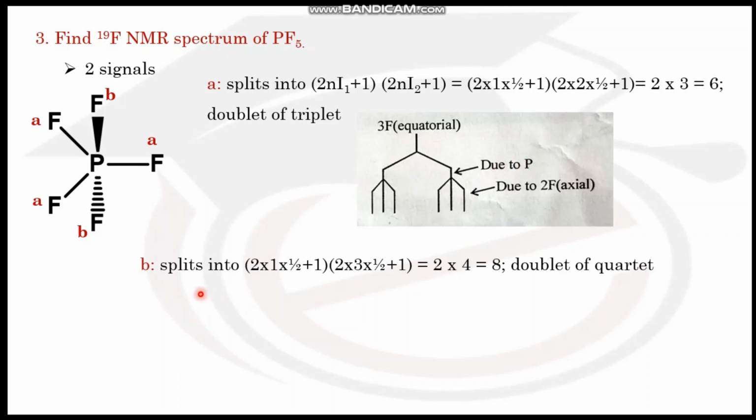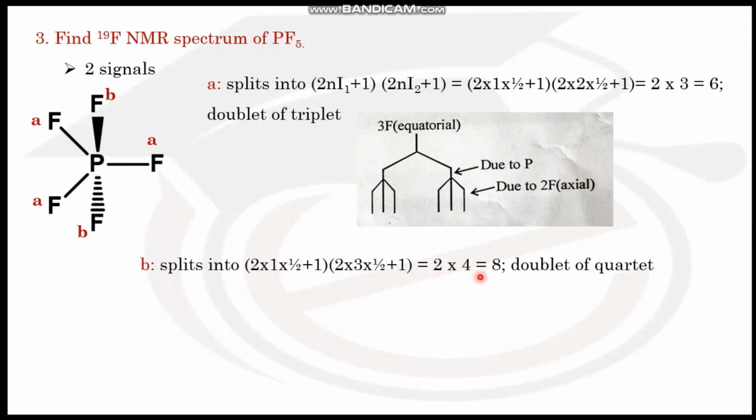Next, B type fluorine. Here there are 2 B type fluorines, and the surrounding equatorial fluorines number 3. The first term is related to phosphorus, that is splitting due to phosphorus, and later due to the other type of fluorine. So 2 into 1 into 1/2 plus 1 corresponds to phosphorus, and this value corresponds to A type fluorine, that is 2 into 3 into 1/2 plus 1.